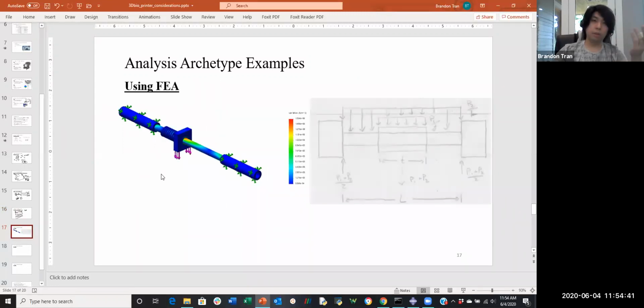So I'm just going to briefly touch upon using finite element analysis. Of course, it's a bunch of pretty colors, but it is a system of equations, and I will have a video posted later that discusses what the theoretical equations look like and what the software actually does instead of just making things look nice. But essentially, you've heard this plenty of times: garbage in, garbage out. You need to start with a simple problem first and verify whether your model is correct or not, which is what a lot of people in these concept design reports do.